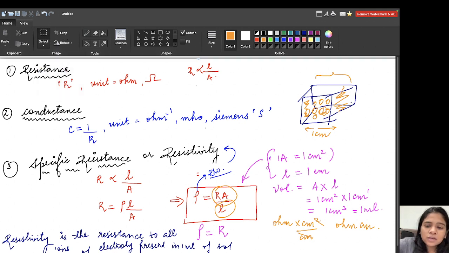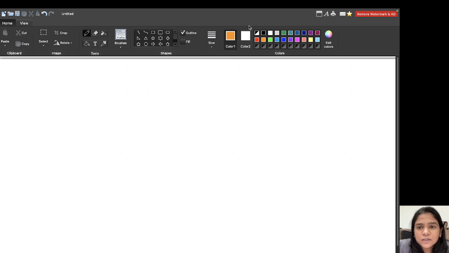Next, the fourth thing which you have to remember is conductivity. Resistivity we have learned. What is conductivity now?